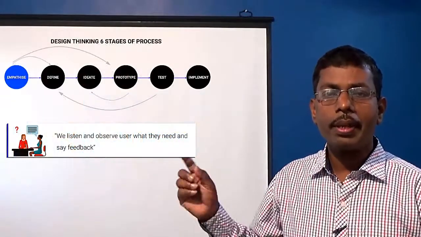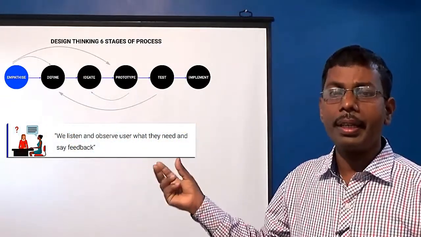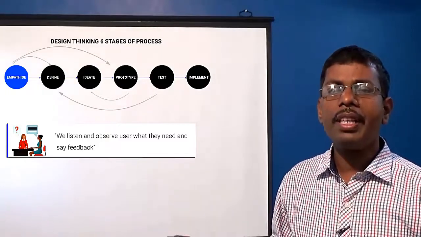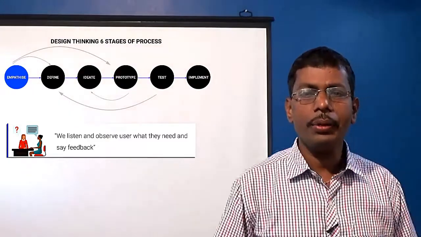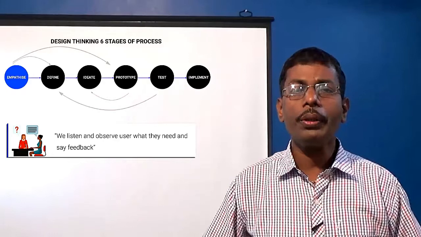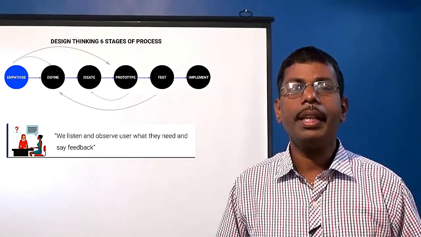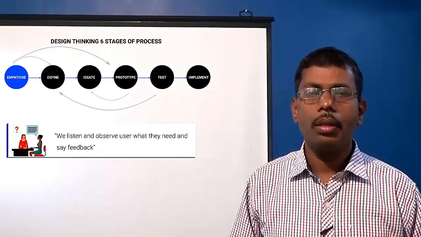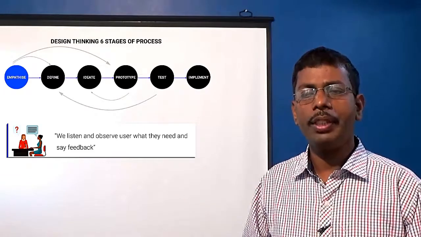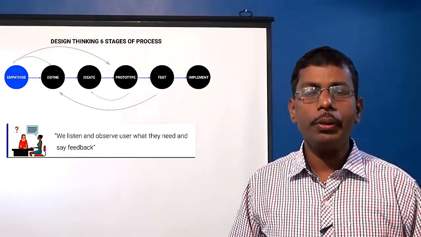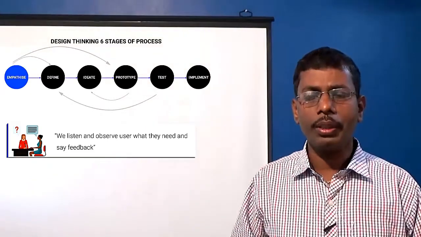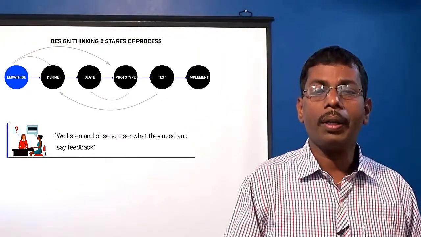The first phase of design thinking is empathize. In this phase, we conduct user research in order to develop knowledge about what users do, say, think and feel. For example, you are going to develop an e-commerce website. You need to talk to a range of actual users who buy online.